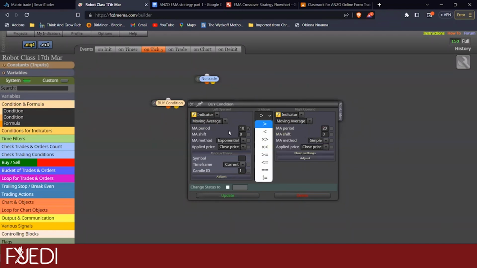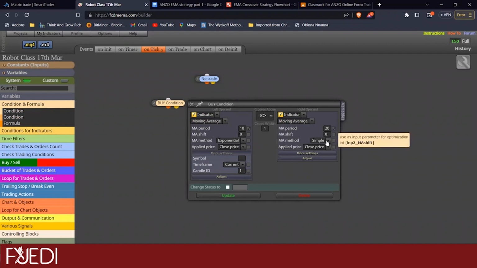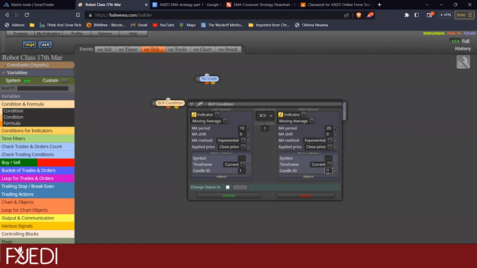So we're saying, has the 10-period exponential moving average crossed greater, that's what X greater than means, crosses above, right? So has it crossed above what? The 20-period, so we'll check that box, exponential moving average. Remember, look at this, we're applying this to the close price. It's very important, not to the open price, the close price. And we'll also make this candle ID 1, okay?